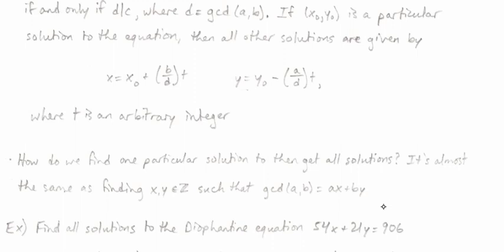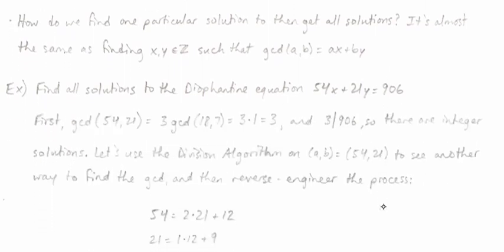We're going to do the exact same thing as what we did in our previous video. We're going to find a way to write the GCD of A and B as a linear combination of A and B. We're going to find those whole numbers x and y, but then we're just going to add one little step onto the end of that.